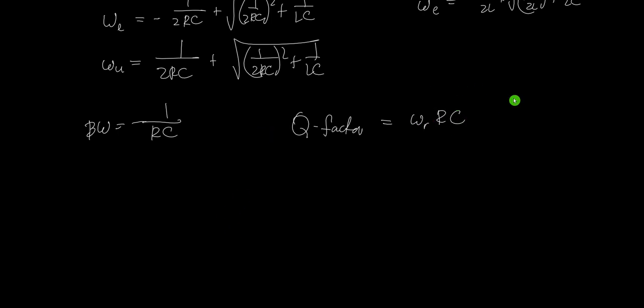Or we can also rewrite this in terms of the L. Instead of C, if you want that in terms of L, that will be R over omega R times L. So the relationship still holds: you can just divide the resonant frequency omega R by the bandwidth to get the Q factor.